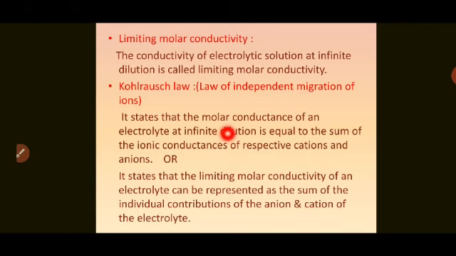So it states that the molar conductance of an electrolyte at infinite dilution, infinite dilution meaning nothing but limiting molar conductivity, is equal to the sum of the ionic conductances of respective cations and anions.